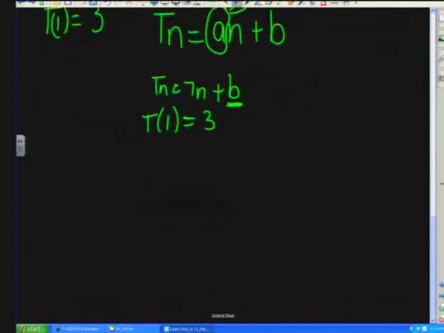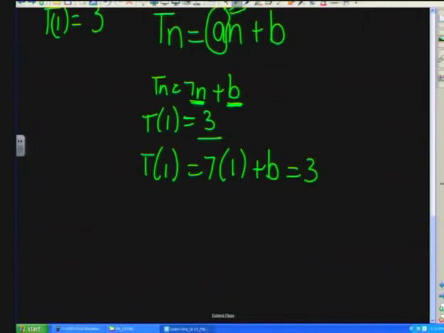But remember, our formula so far says Tn is equal to 7n plus b. So I'm going to say, well, term 1 is actually going to be equal to 7 times 1 plus b. But I also know that term 1 has a value of 3, so I make that equal to 3, and I solve for b. So I'm going to get 7 plus b is equal to 3.